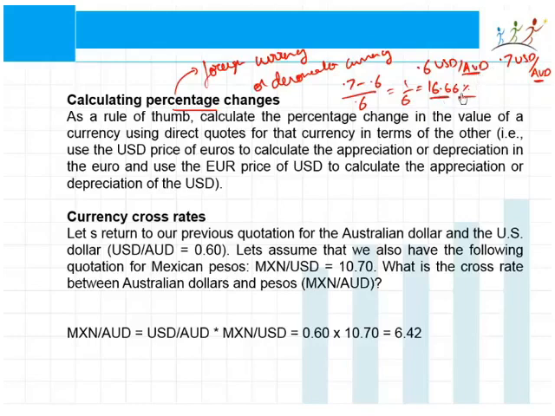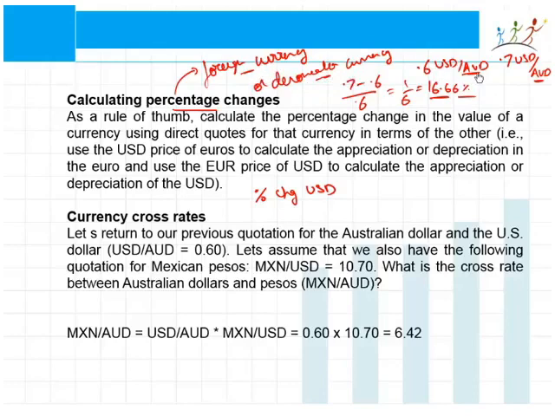In the same case, if we were asked for the percentage change in the USD, then again, to calculate, USD has to be the foreign currency or the denominator currency. So we will first compute both quotes with USD as the denominator currency or the foreign currency.